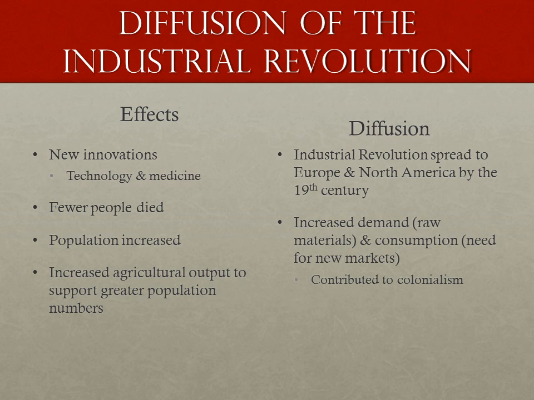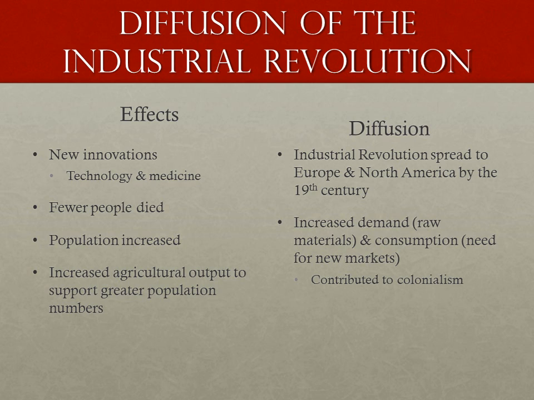Now, as far as diffusion is concerned, I want you to think, as we're going through this, what type of diffusion are we seeing here with Industrial Revolution technology and improvements? All right.